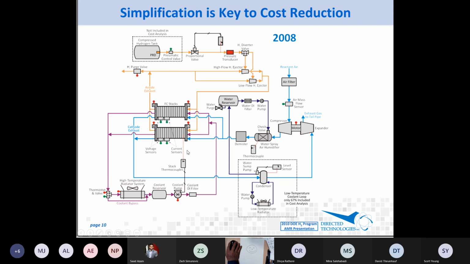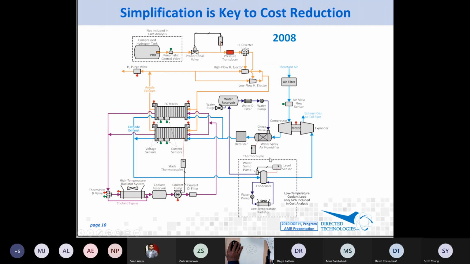And then they have a high temperature radiator system with coolant, because the fuel cell, remember, is only 55% efficient. It's going to self-heat a lot. So you have to cool it with a radiator cooling system. That's this black line here. Cooling loop. And then the air comes through, cathode exhaust.